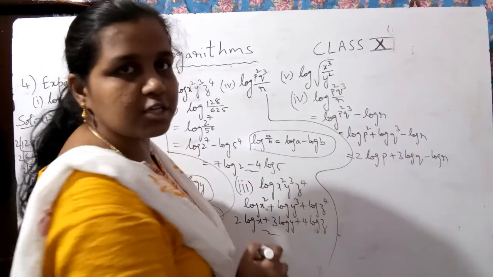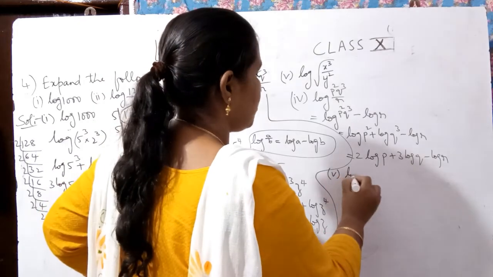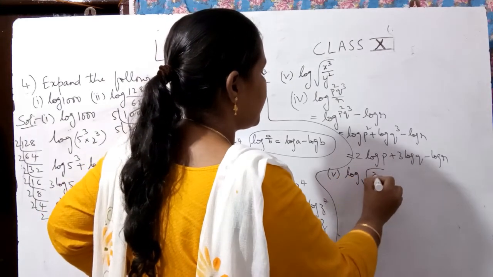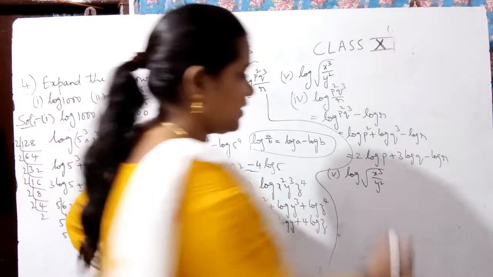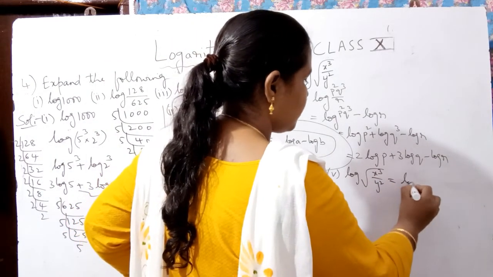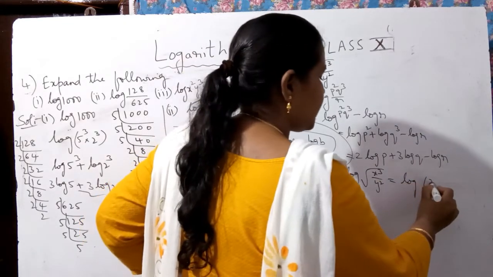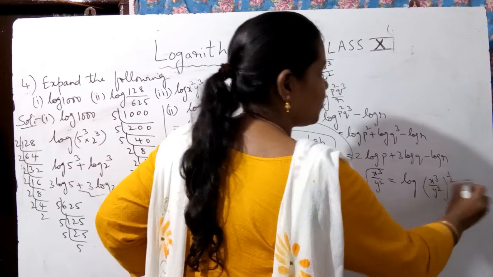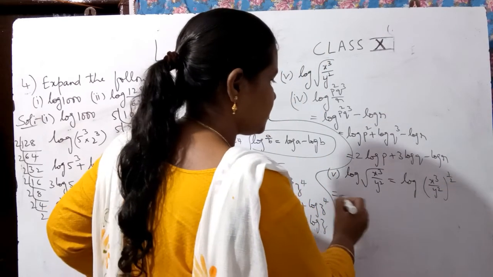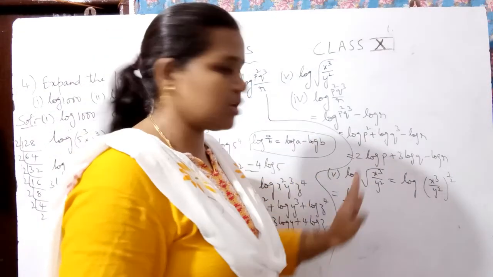Then the fifth one, the last one, is log root of x cube by y square. So you can write it as log of x cube by y square whole power 1 by 2, since you have a square root.